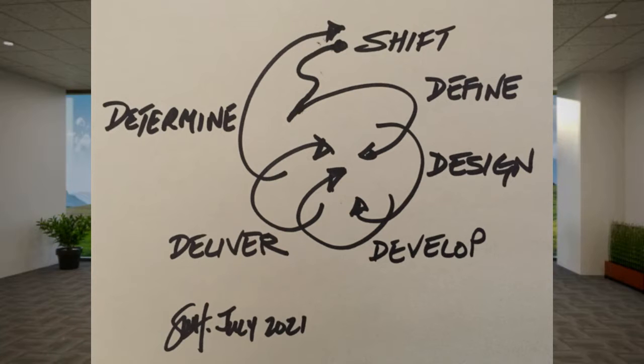Now, I'd like to take it a step farther and offer you what I call a technique. You notice in this diagram that's before you now that I have taken the 5 Ds and put them into a looping arrow format where they interact with one another. So this notion of define flows into design, design flows into develop, develop into deliver, and then deliver doesn't quite go back into the define.